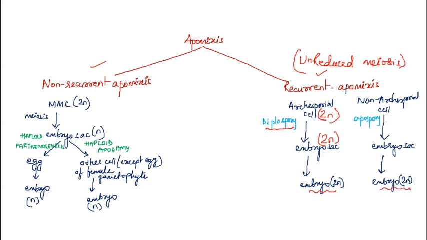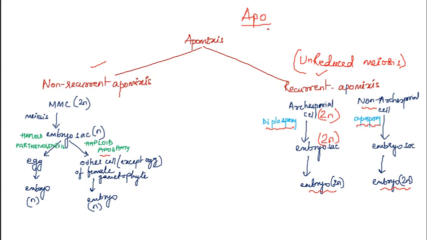Please remember, apospory and diplospory. Haploid apogamy. Apo means egg is not involved. Remember, when it is gamy, it is haploid. When it is spory, it is diploid. And when it is the word apo, that means egg is not involved. Some other cells are involved. Clear? Now look here, I have made a chart for your ease.